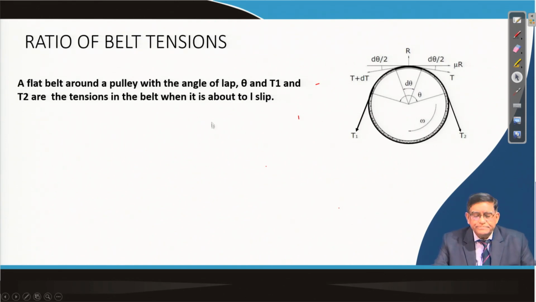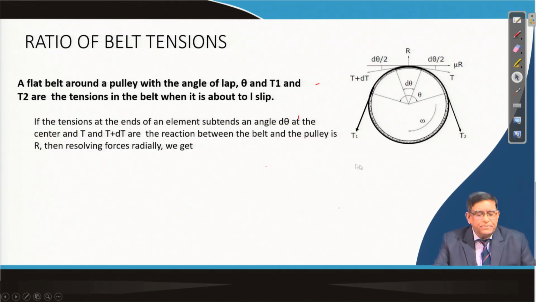Now, let us see here. There should not be any slip in power transmission. For no slip, what is the condition required? If you see here, the tensions at the ends of the element subtending an angle d theta are T and T plus dT. So, from here it is getting slightly increased in tension.